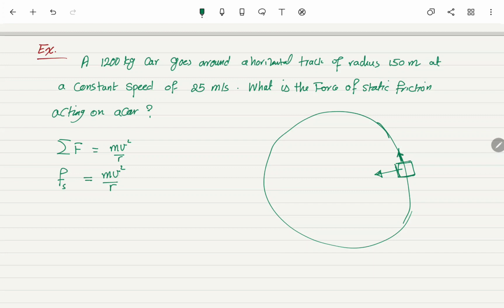We do have the mass of the car, the speed of the car, and the radius of the circular path as well. You substitute these numbers back in, and you will get the static friction equal to 5,000 newtons.